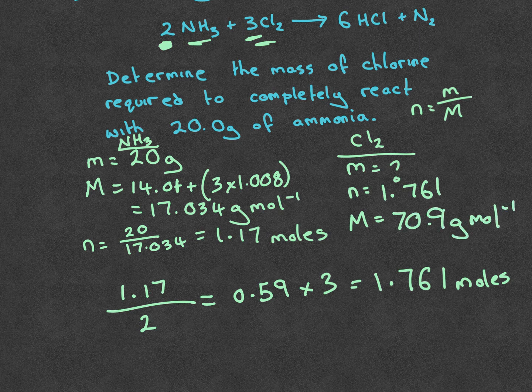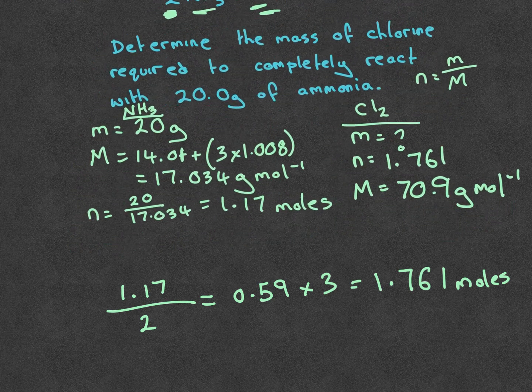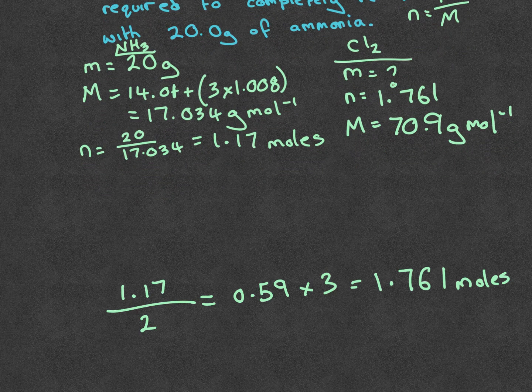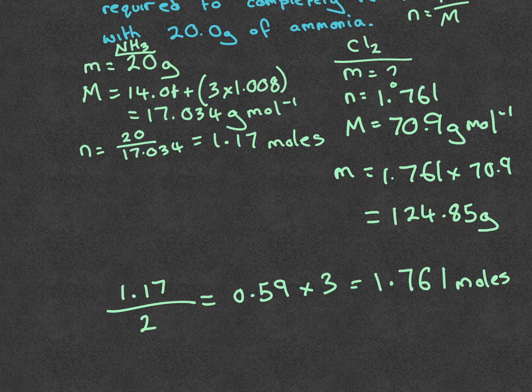To work out the mass, the mass of chlorine is going to be the moles, 1.761, multiplied by the molar mass, 70.9. 70.9 times 1.761 equals 124.85 grams of chlorine. So this is the mass of Cl2 that we need to react completely.